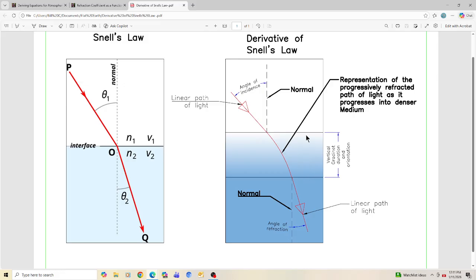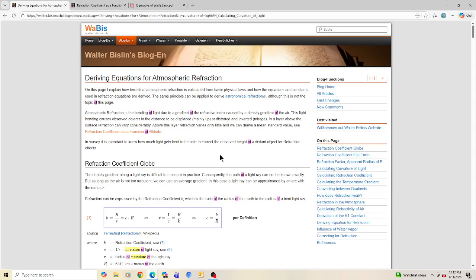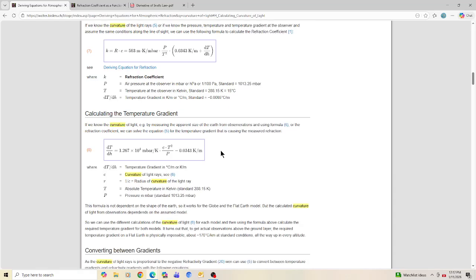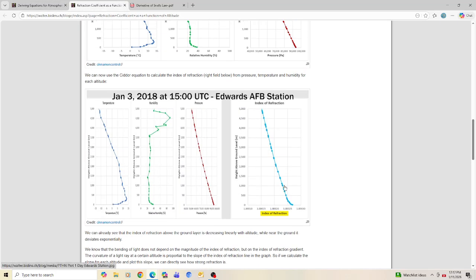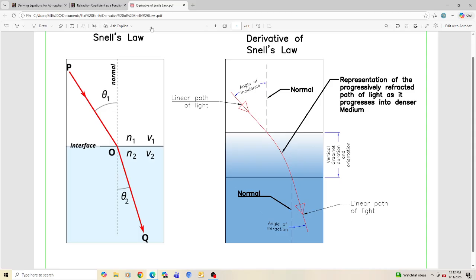Okay, this would be the vertical gradient. This would be everything that was just explained in these charts here. So, along this rate of change, you have a continuously refracting path of light.